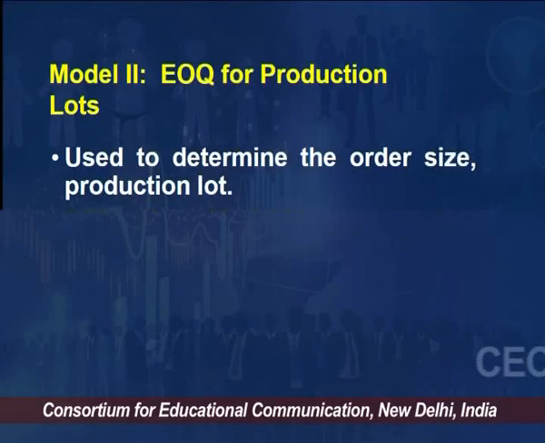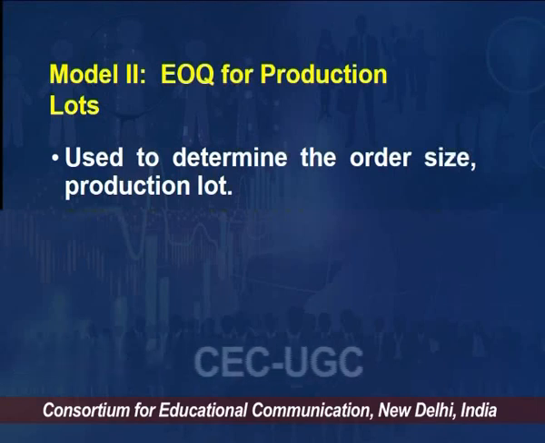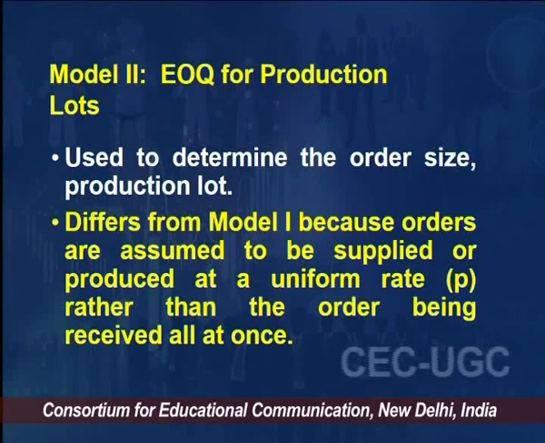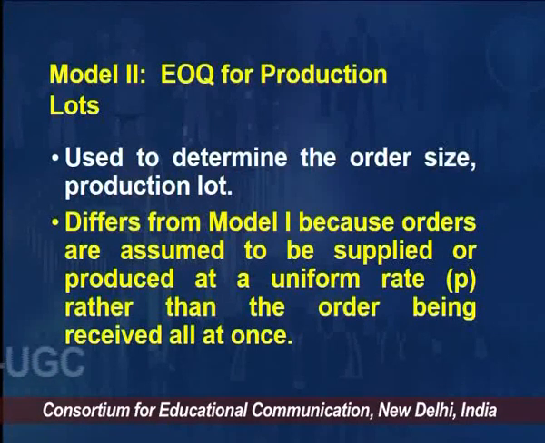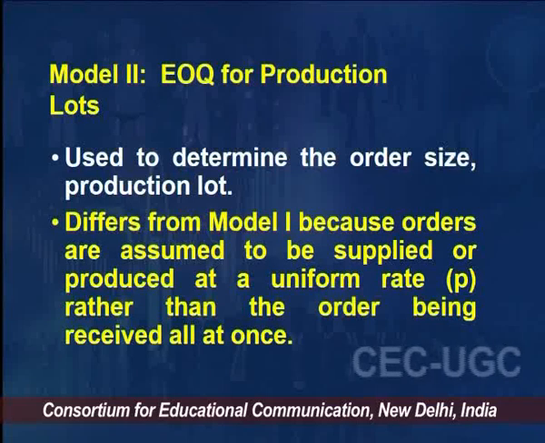So for example, we will see from this slide, EOQ for production lots. It's used to determine the order size of production lot. It differs from the basic EOQ because orders are assumed to be supplied or produced at a uniform rate which is P, rather than the order being received all at once. Because in production, any production setup cannot make all the items in one day.